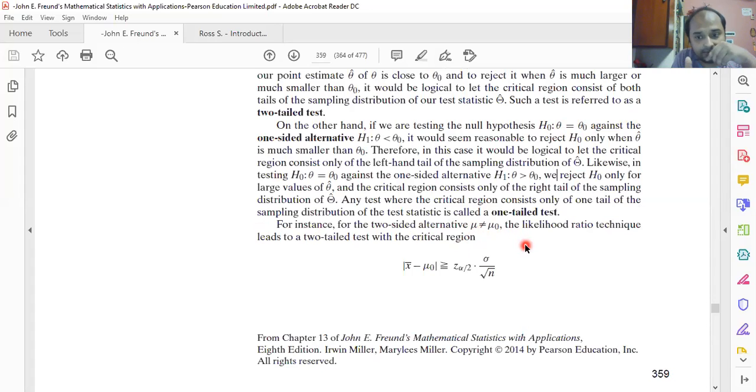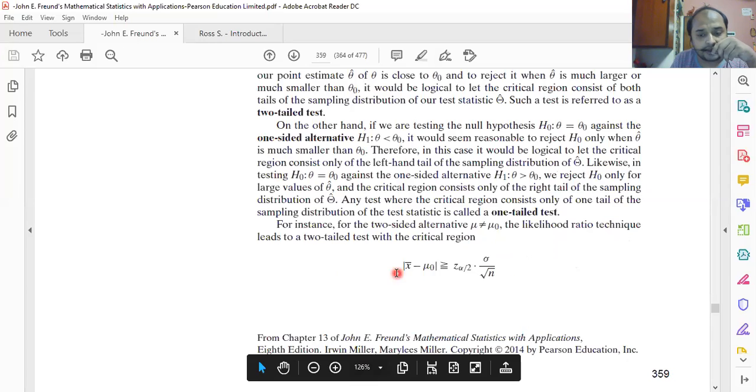And in the chapter which I'm sharing with you right now, the previous chapter is called hypothesis testing. You can get it from the book. There is mentioned one technique which is called the likelihood ratio technique, which leads to this sort of inequality: modulus of x bar minus mu naught is greater than or equal to z alpha by 2 times sigma by root n.